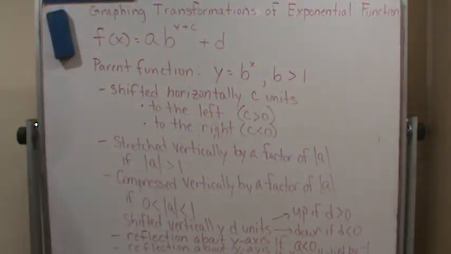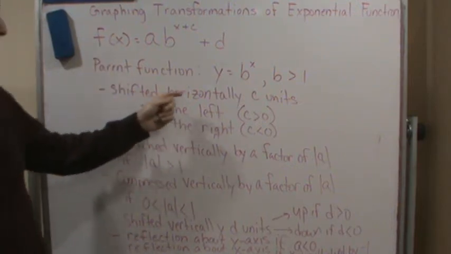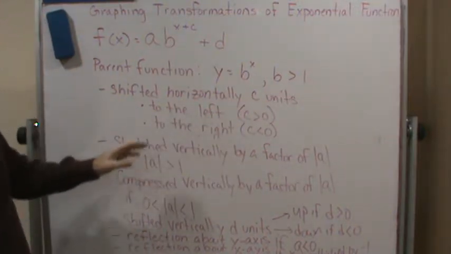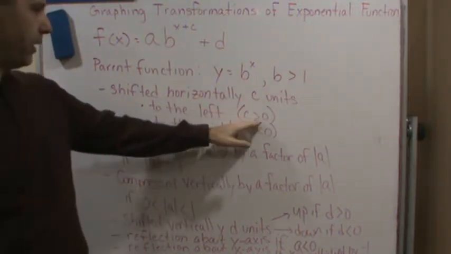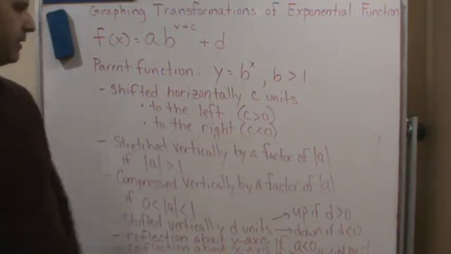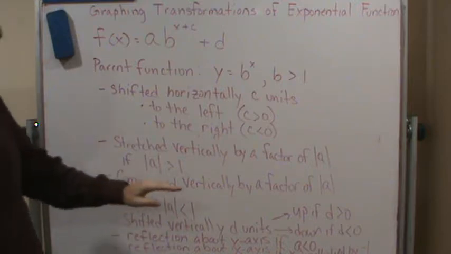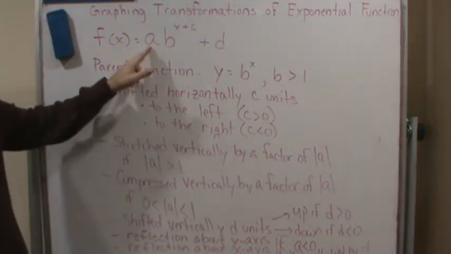Now, here, shifted horizontally, so f of x is shifted horizontally c units. If c is greater than 0, then it'll be a shift to the left. If c is less than 0, it'll be a shift to the right. Stretched vertically by a factor of a, positive a, right?